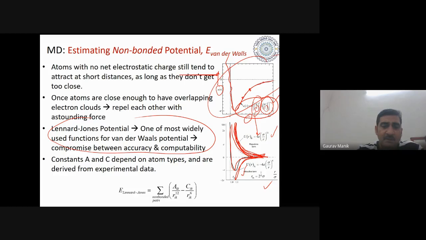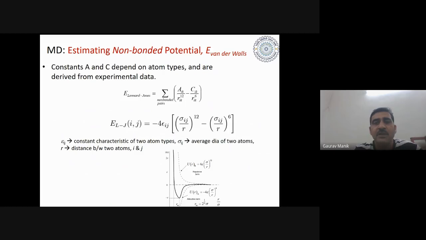There's another way of representing the Lennard-Jones potential, which is A by r raised to the power 12 minus C by r raised to the power 6, for which the coefficients A and C are already known to you. These are available for different atom types, and have been experimentally derived. With these constants already available as part of the database of any of the software, you can quickly find out the Lennard-Jones forces between different atoms.